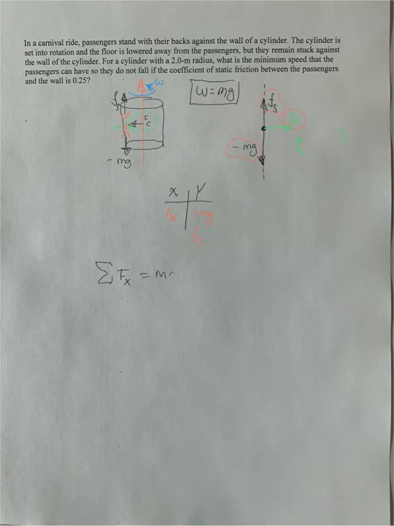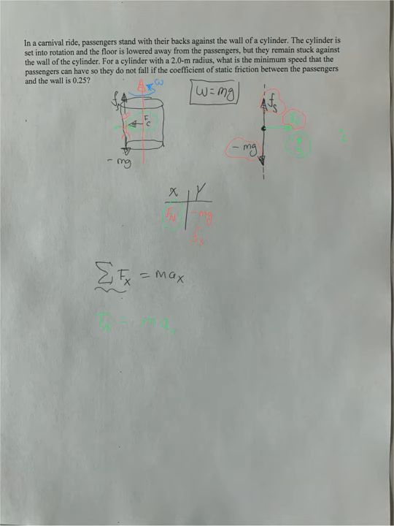So what we will do next is sum forces in the x direction, and we'll set that equal to the mass times the acceleration in the x direction. So when we sum forces in the x direction, we want to add up all of the forces in the x column. The only force in the x column is the normal force, and that's going to equal the mass of the passenger, so m multiplied by the acceleration. And we do have an acceleration in the x direction.